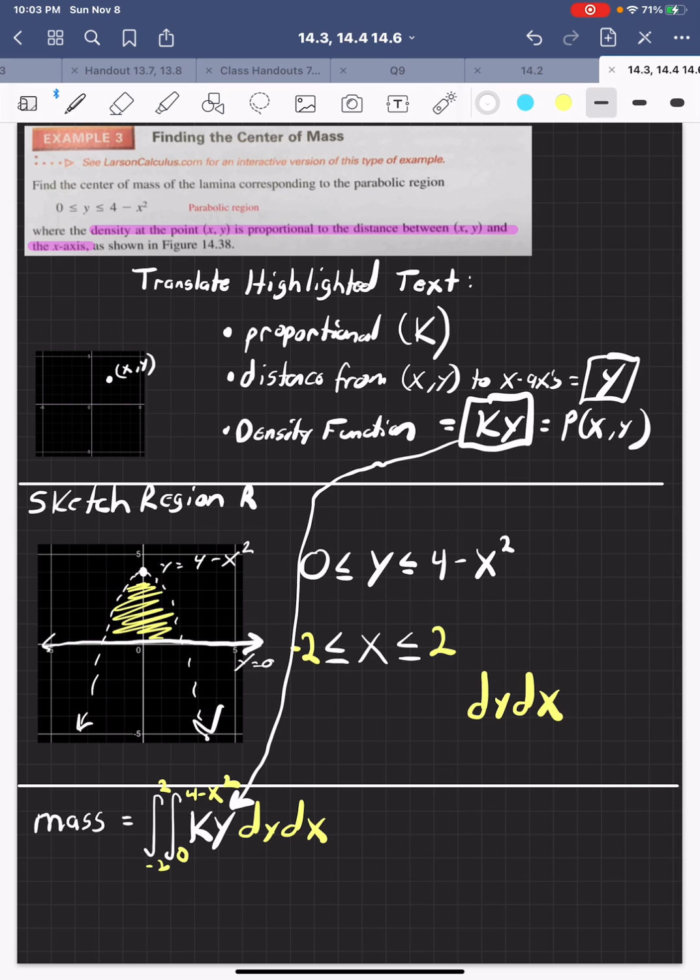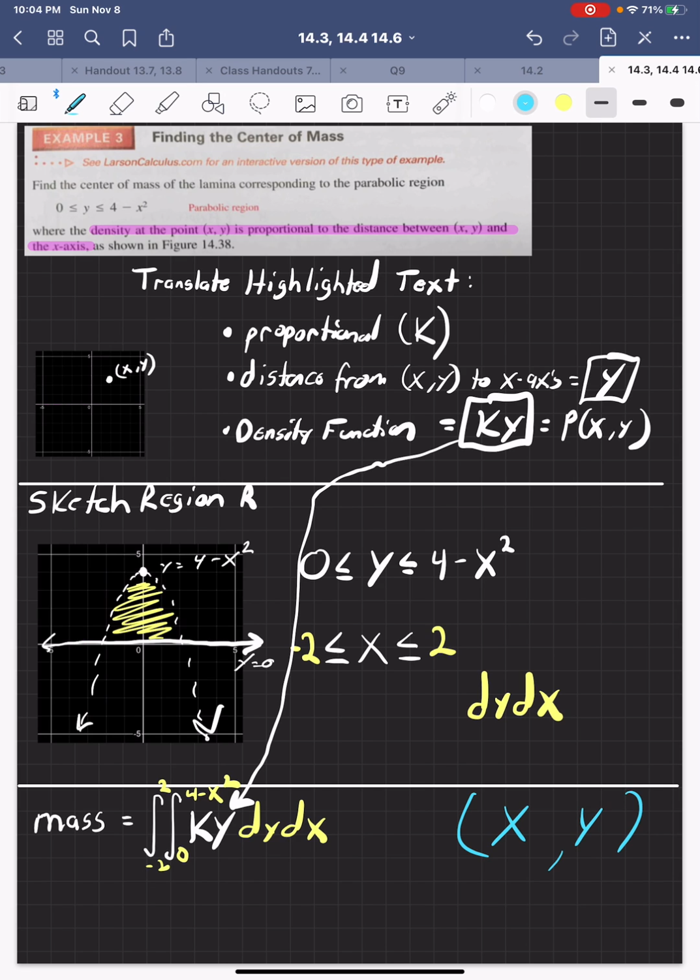All right, so let's take a look at what it is that we want. So there's some point in here, in this region, that is our center of mass, our balancing point, right? So the goal of this problem is to find this particular point.